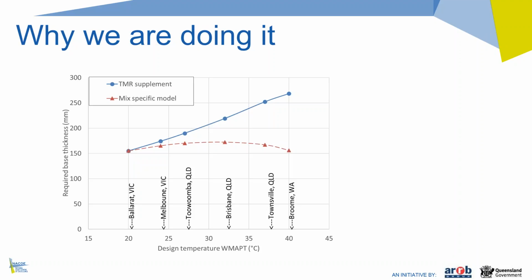The dashed line shows you a design for a similar mix, but this time based on mix-specific modulus curves and mix-specific fatigue models, and you see that the temperature effect is for a large extent gone, and we can design pavements in Brisbane that are just as thick as you would use in Victoria for this mix. And obviously we don't know how far we can still optimize these mixes, because that's based on the current Australian mix.